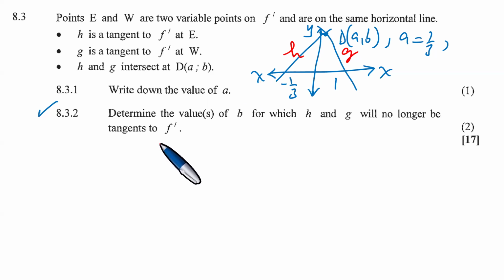If they are no longer tangents, it obviously means that B can take on, for example, what would B be? This one is minus 1/3, and this one here is 1, and therefore the total distance here is the following.